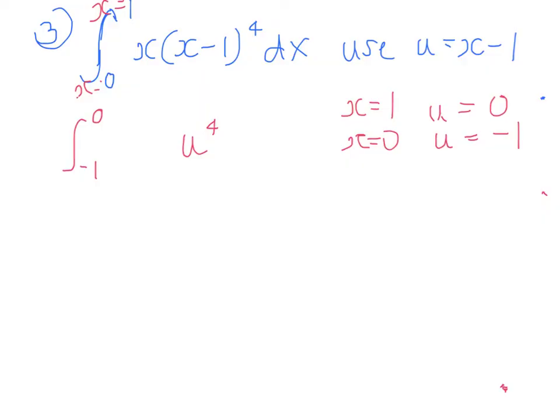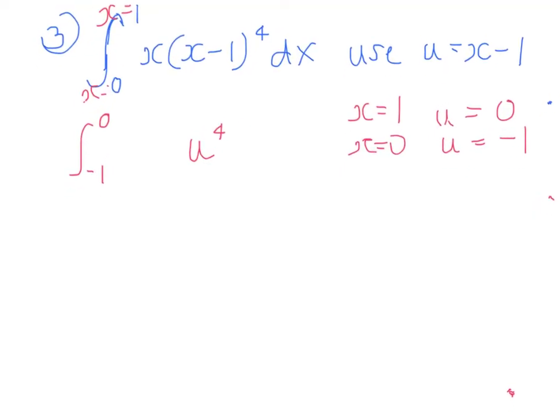Okay, so we've also got to replace x, and if u is x minus 1, x will be u plus 1. So we're going to put in a u plus 1 here.